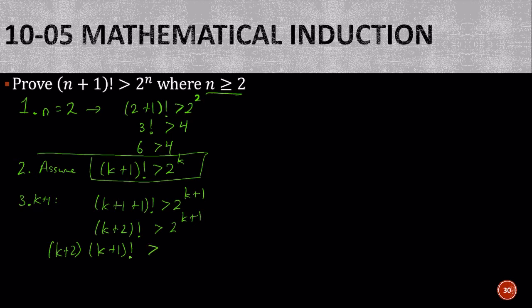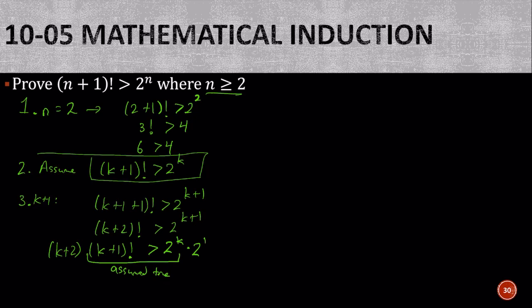On the other side here, when we add exponents, it happens when we multiply with the same base. So this would be 2 to the k times 2 to the first. Notice that is the assumption.